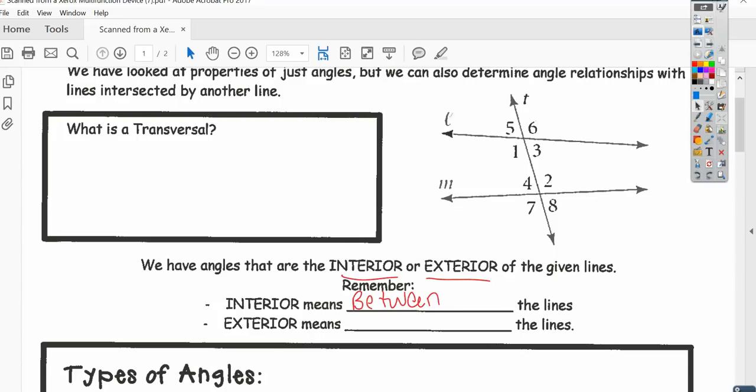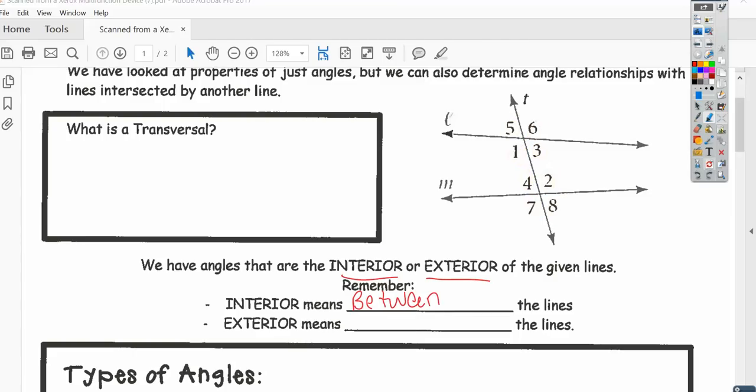The angles between the lines would be 1, 3, 4, and 2. They're like sandwiched inside. Exterior means outside the lines. So that would be angles 5, 6, 7, and 8. Those are exterior angles. So interior angles are between the lines. Exterior angles are outside the lines.